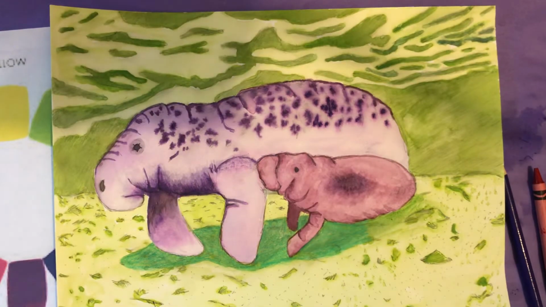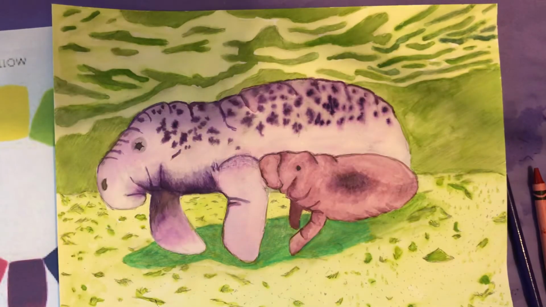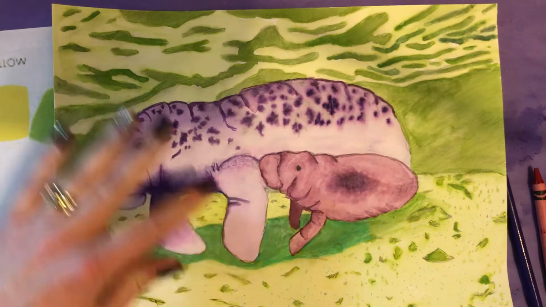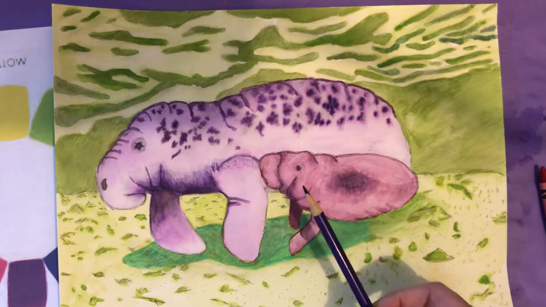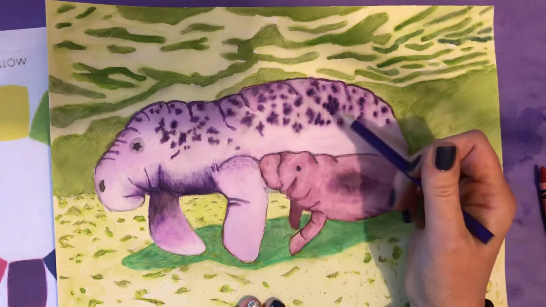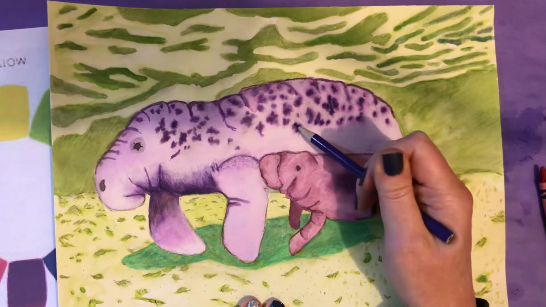Step 2 is boost your shading with crayons or colored pencils. So you should have shaded at least a dark area and a light area. What you can do is come in with a colored pencil and give it a little bit more oomph if it's too pale.